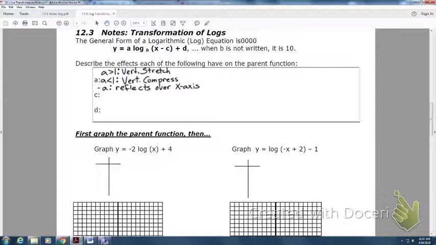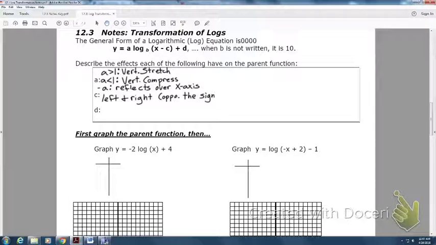Paulina, what two directions does the C value move it? With or opposite the sign? Opposite the sign. Noah, what two directions does the D value move it? Up and down. Opposite or with the sign?